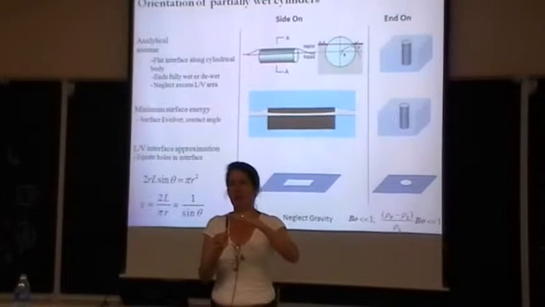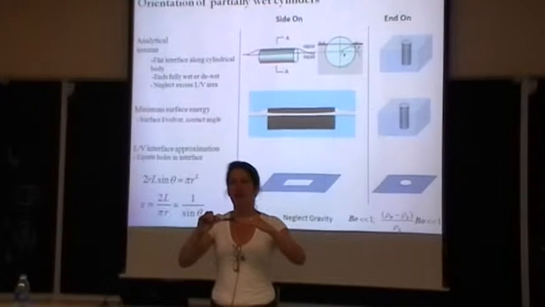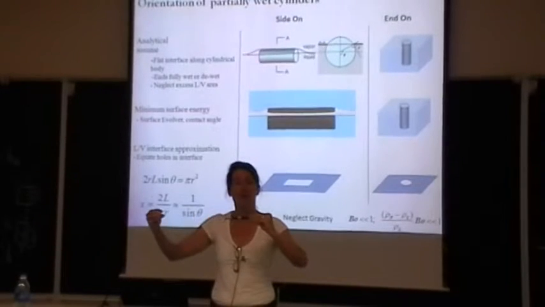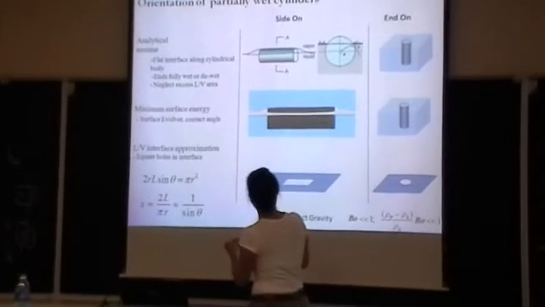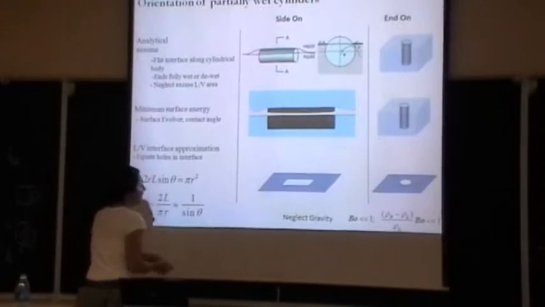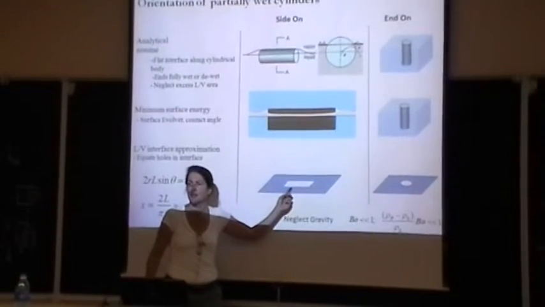So standing up, the biggest hole you can make is pi r squared. That's the hole you make in the interface. Lying down, the longer you get, the bigger the hole is in the interface. Right? So if I make it longer and longer, I can approximate that hole in the interface as a first pass as just a rectangle that cuts through my cylinder.